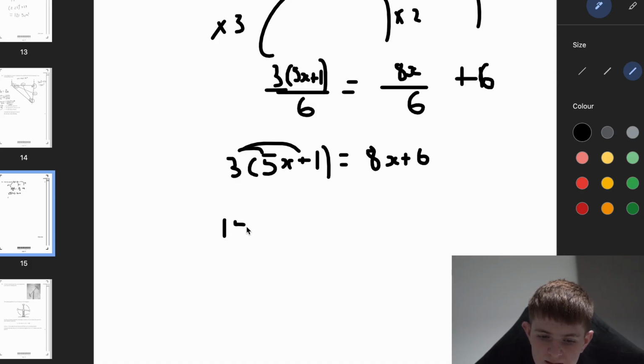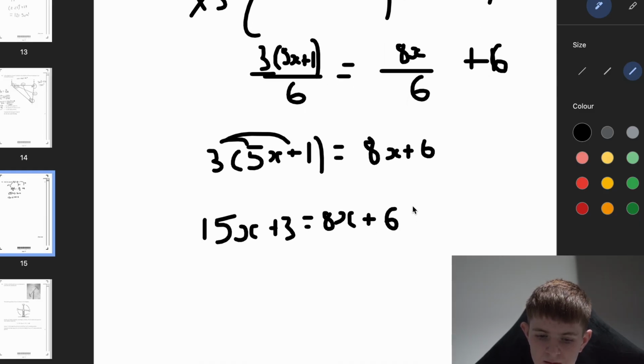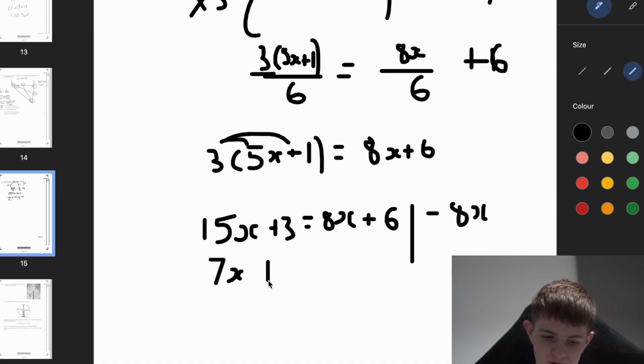Break out these brackets. We've got 15x add 3 equals 8x add 6. I'm then going to make sure my x's are positive, so take away 8x, which will leave us with 7x add 3 equals 6.